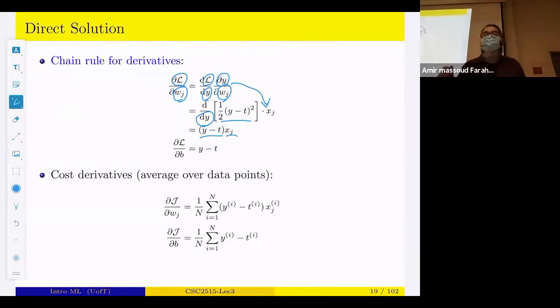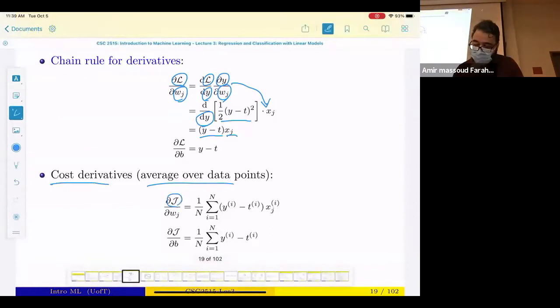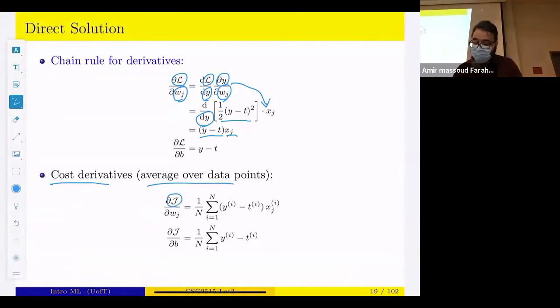This is the partial derivative of L with respect to one of the parameters, for the pointwise loss. If we go to the average loss or cost, which is averaged over all training points, the derivative of J with respect to wj would be 1 over n times the summation of (yi minus ti) times xji. i is the index for data, and j is the index for the dimension that we are taking the derivative with respect to.